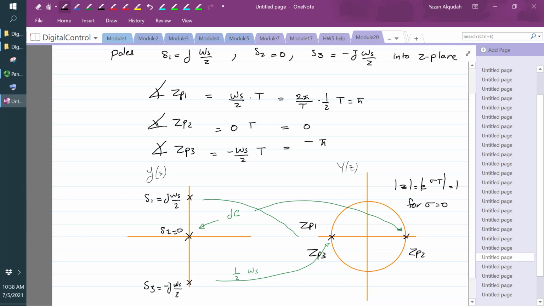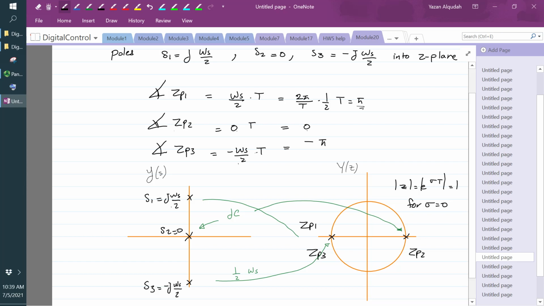I want to see how the poles in y of s are going to map into the poles of y of z. So if I have these three poles, Zp1, Zp2, Zp3, the phase of Zp1 is going to equal omega s over 2 multiplied by t, which is going to equal 2 pi over t, since omega s is 2 pi over t, multiplied by 1/2 multiplied by t, which is going to give me pi. If Zp is 0, then the phase is 0. Zp3 is negative omega s over 2 multiplied by t, which is going to give me negative pi.